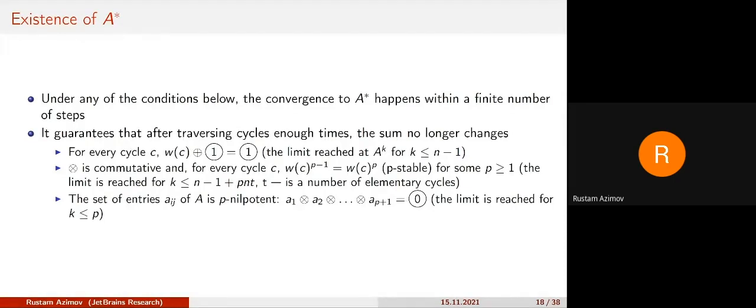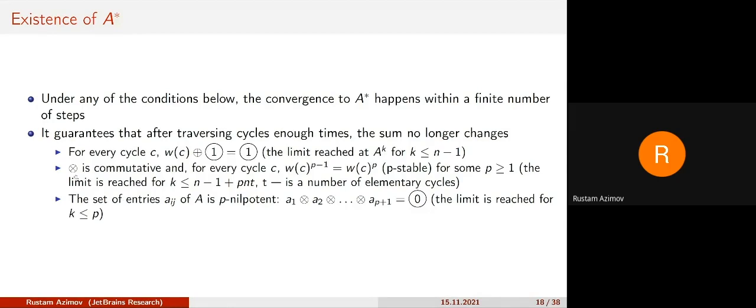It just guarantees that after traversing each cycle in the graph enough times, the sum will no longer change. First condition: if for every cycle C, the weight of this cycle plus 1 is equal to 1, then we have the limit reached at some power of A less than the number of vertices in the graph.